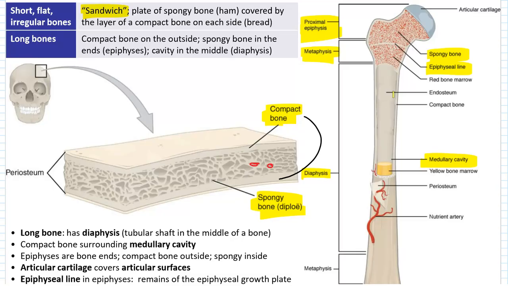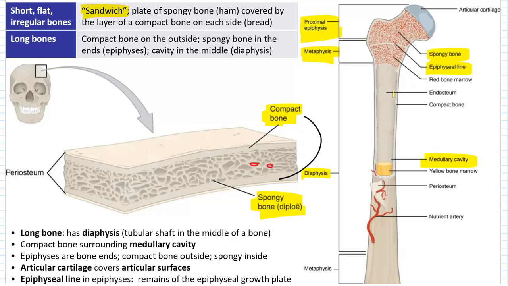Why? What is the evolutionary purpose of having a cavity rather than filling it with, say, spongy bone? Say again? Louder. So it's lighter? Lighter. Yes. It's about making the skeleton lighter.